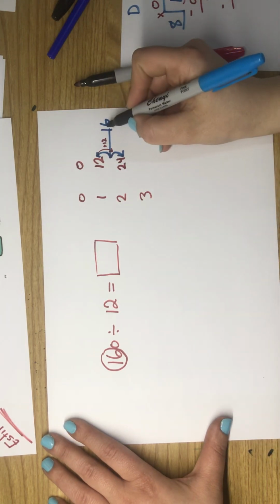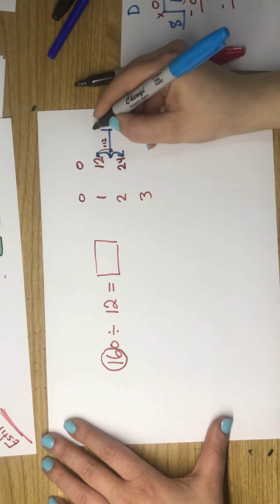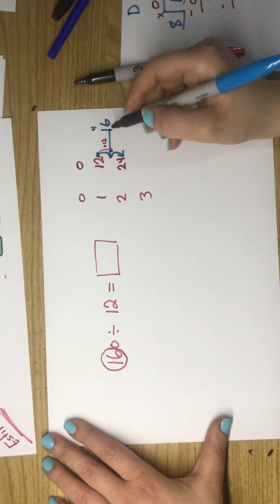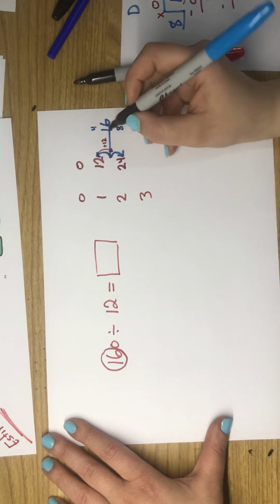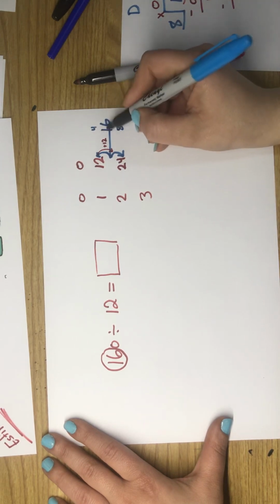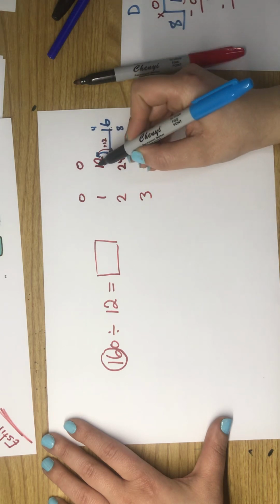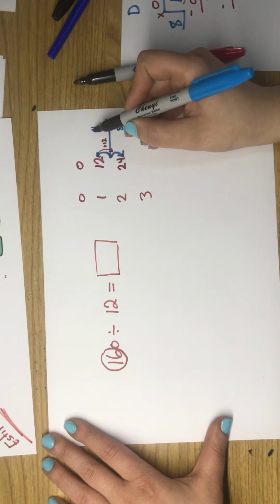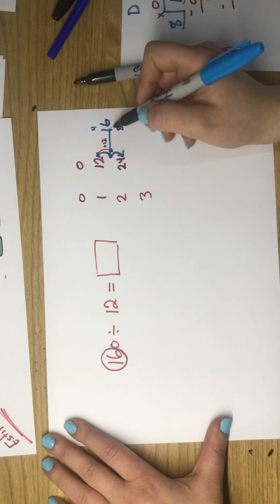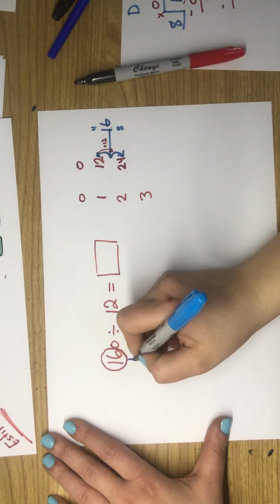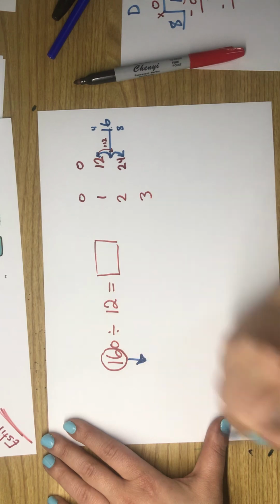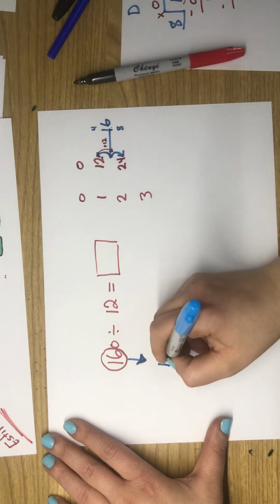The distance between 16 and 12 is only 4. The distance between 16 and 24 is 8. So definitely 16 is closer to 12. Okay, guys? So the 16 is going to be rounded to 12.